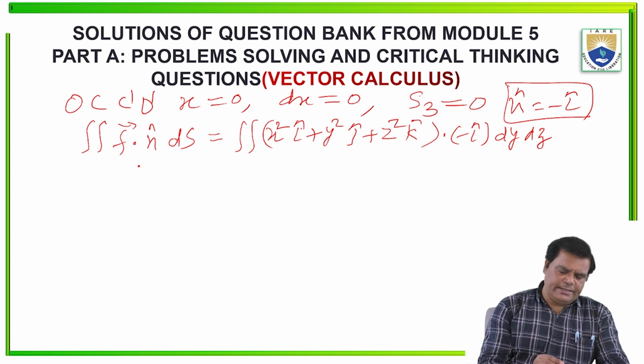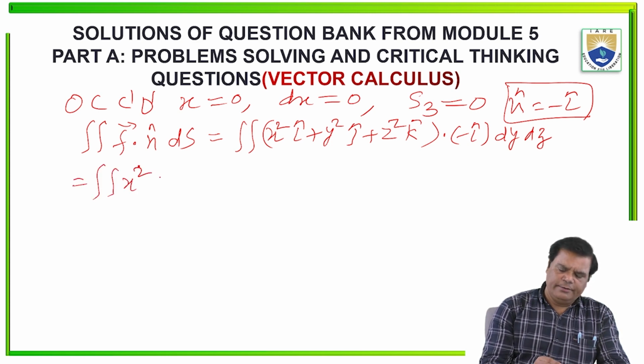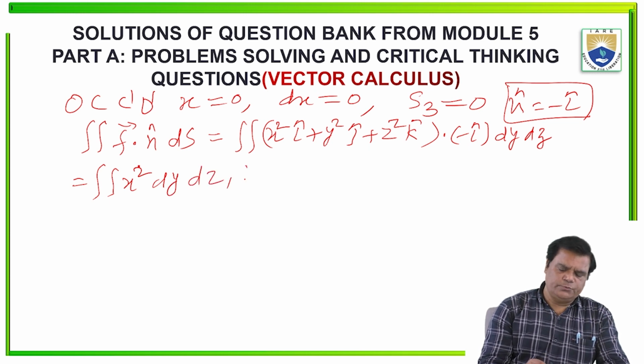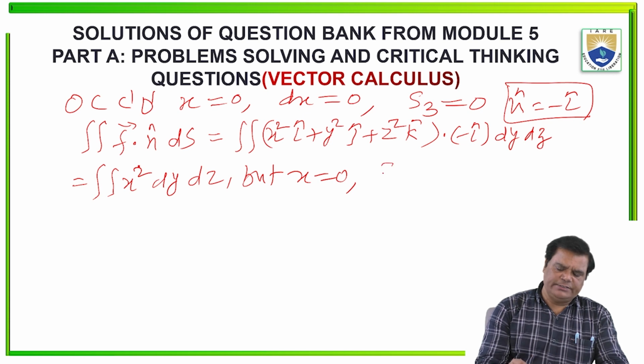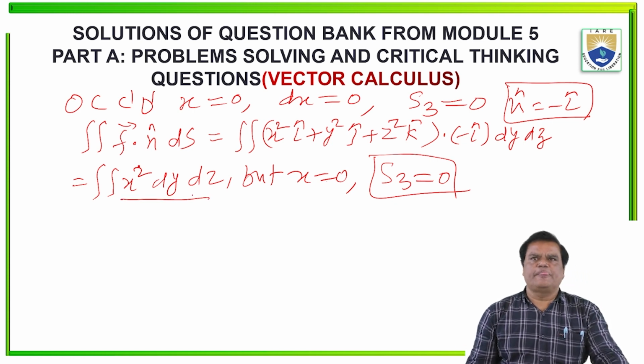So now I am writing the integration of x square, dy dz. What is x? x is 0. So S3 is equal to 0 here. Putting this value here, we get 0.